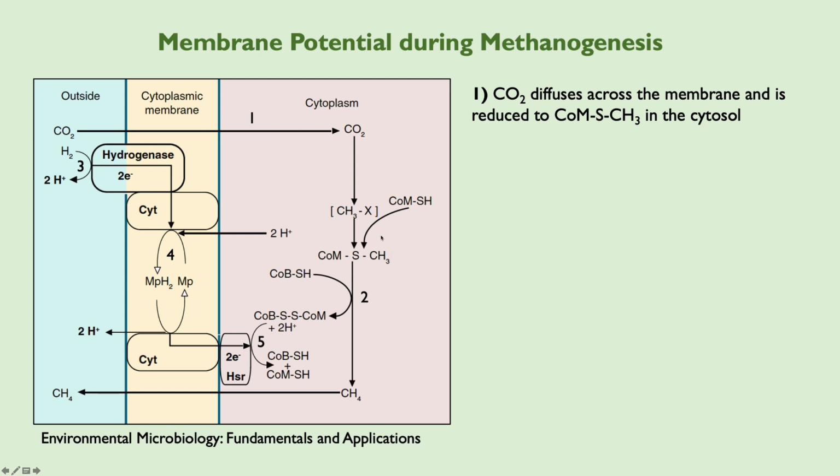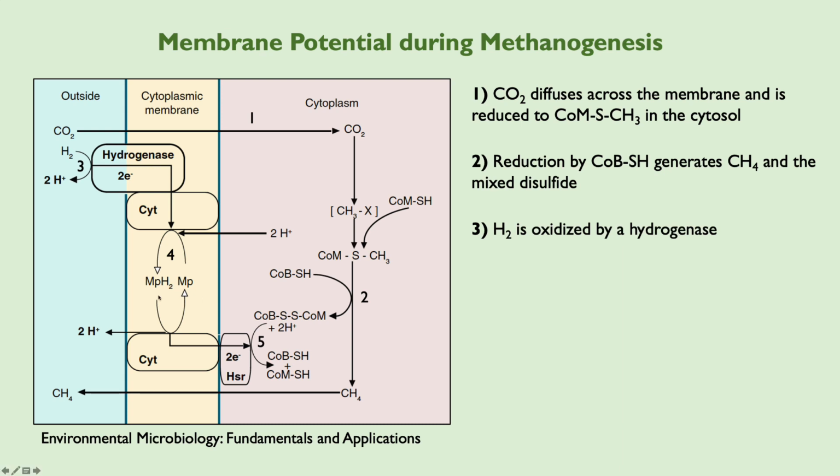Importantly, the second step of this process, the formation of formyl methanofuran, consumes 2 protons within the cytoplasm. Then the next step is reduction of this methyl coenzyme M by coenzyme B to form the mixed disulfide here in the cytoplasm.